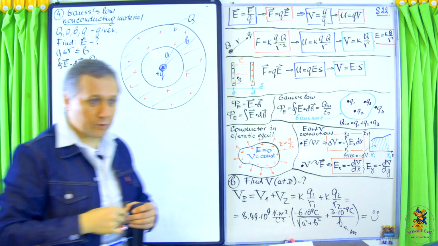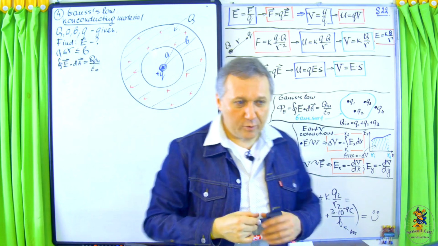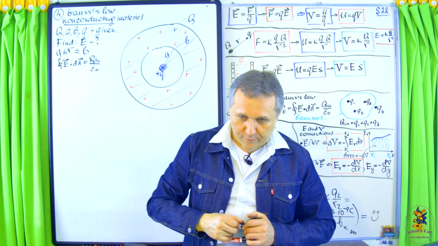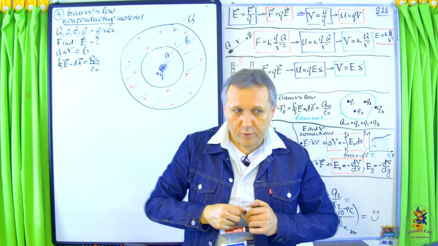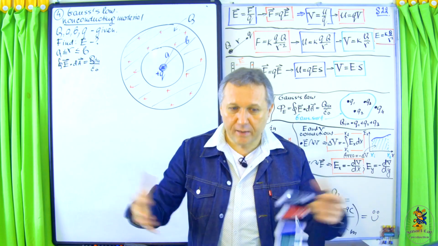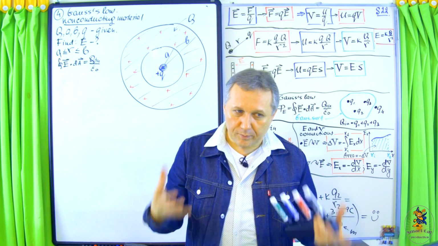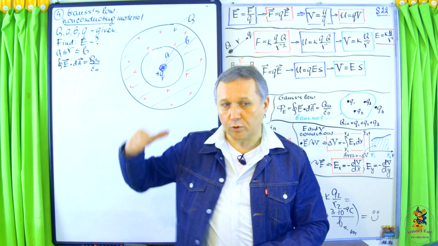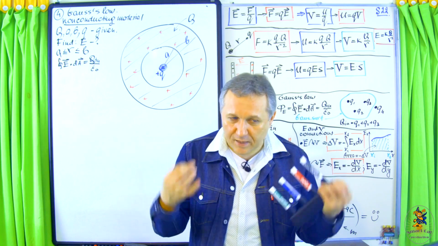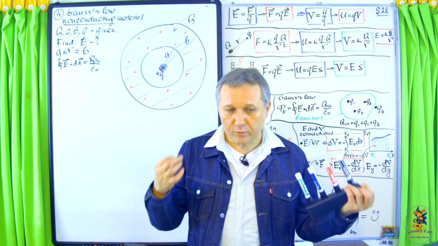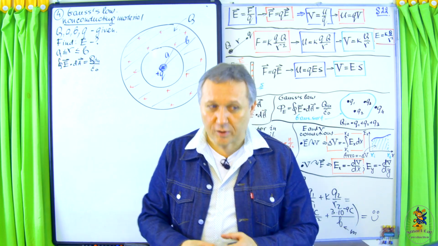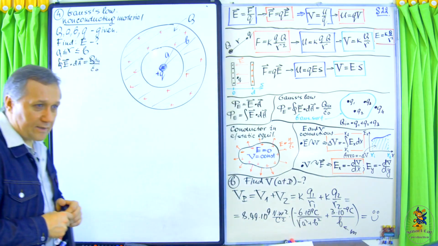And as usual, you remember which step you have to make first? You need to pick a Gaussian surface. Any Gaussian surface can work. You remember, it's a universal law, no restrictions. You can pick any closed surface and apply Gauss's law. But in this case, in order to solve the problem, we need to pick the best, most convenient surface, which will allow us to use the symmetry of the problem. And of course, you understand that I'm talking about a concentric sphere.